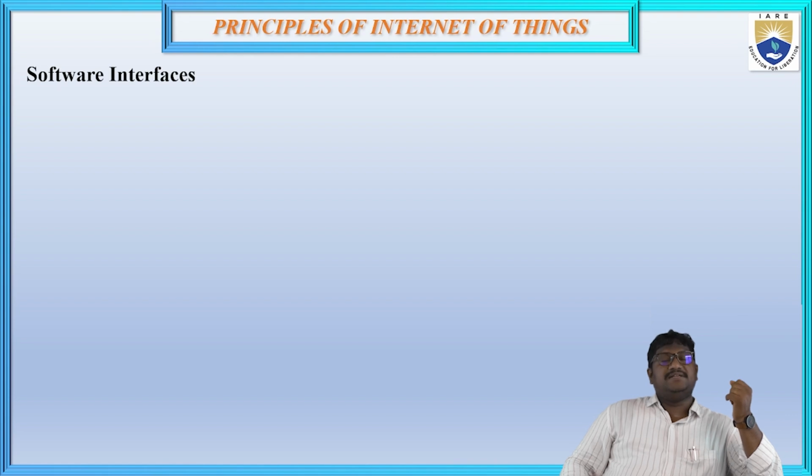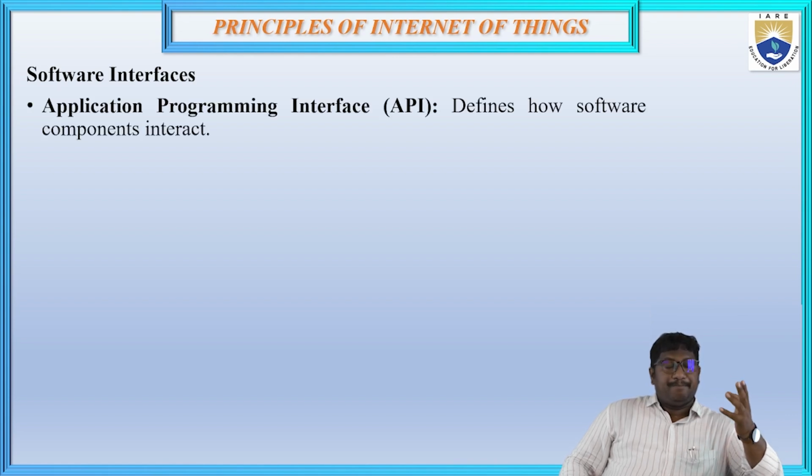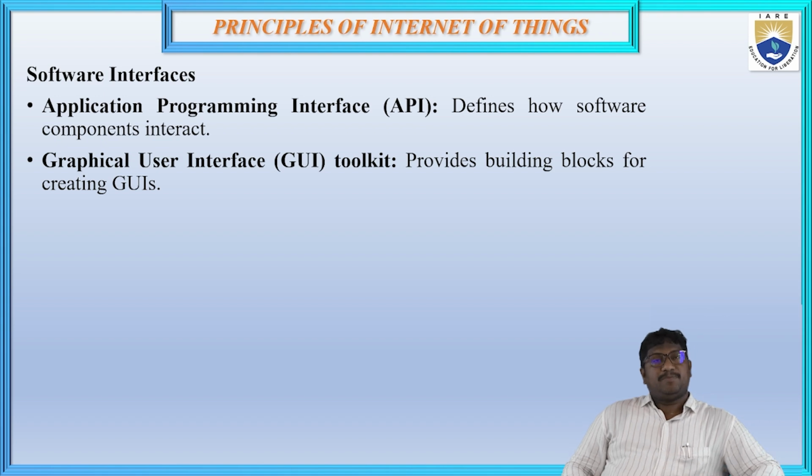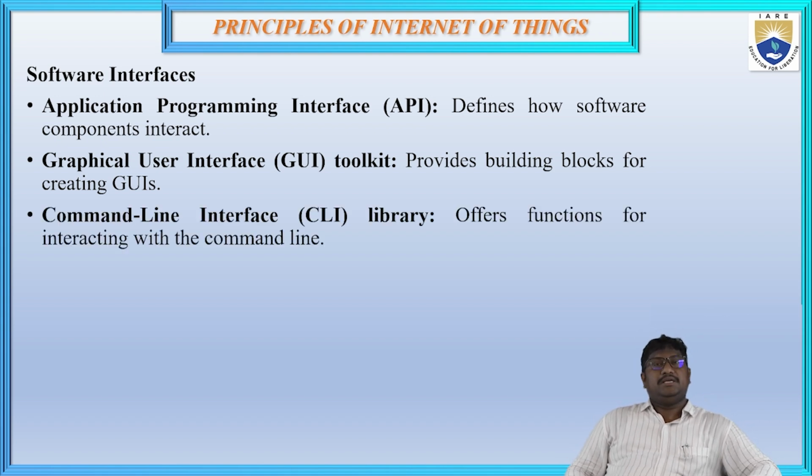Coming to software interfaces, the application programming interface, which is API, is used for software components to interact. GUI, graphical user interface toolkit, provides building blocks for creating GUIs. Command line interface, CLI, offers functions and also interacts with the command line.